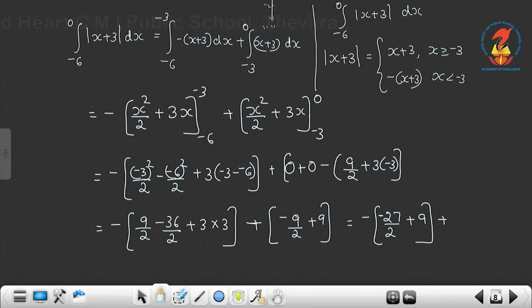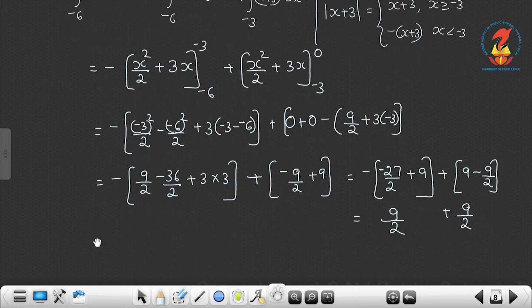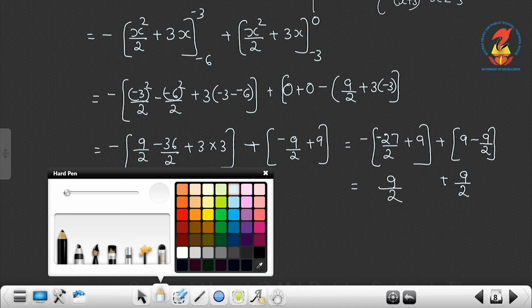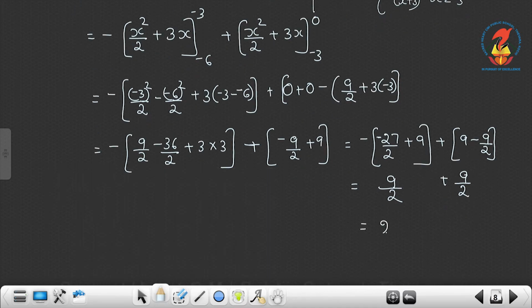Then plus 9 minus 9 by 2. That is here 9 2s are 18, 18 minus 9 is 9 by 2. Here 9 2s are 18, 18 minus 27 is minus 9. Okay. Minus 9 minus is plus 9, 9 by 2. So, 9 by 2 plus 9 by 2 is 2 times 9 by 2, that is equal to 9.